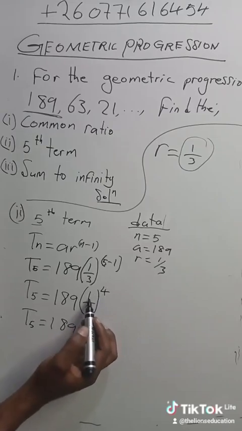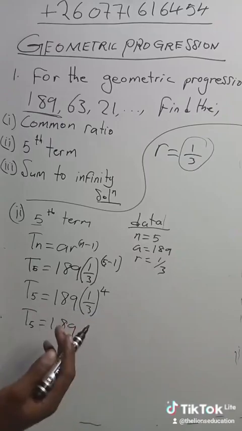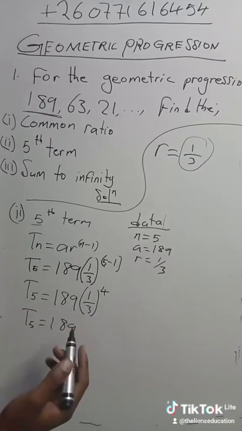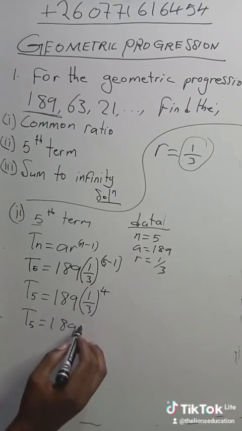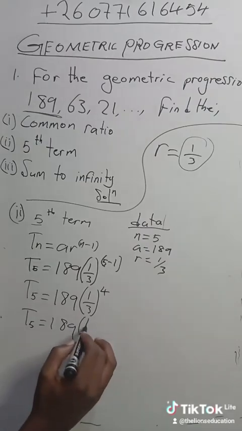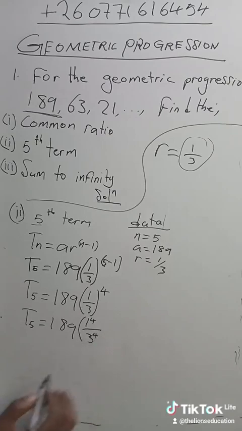We're going to raise 1 to the power 4 and also 3 to the power 4. So the denominator and the numerator, both of them are going to be raised to the power 4 because of these brackets there. So we're going to say 1 to the power 4 over 3 to the power 4, like that. Okay?